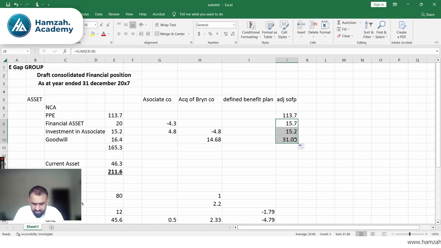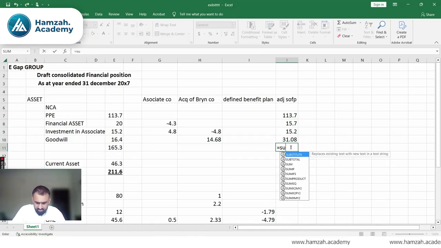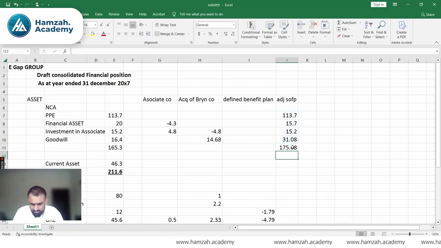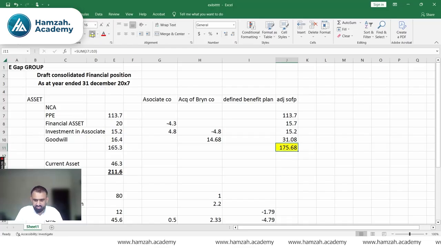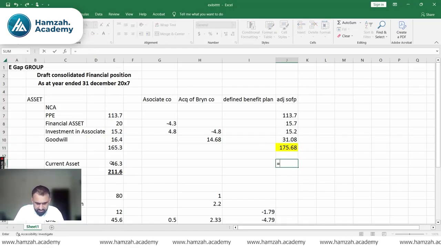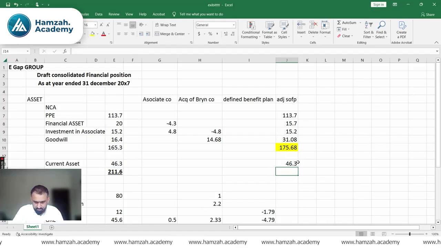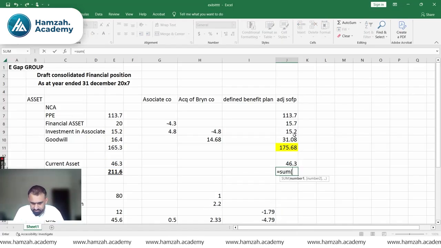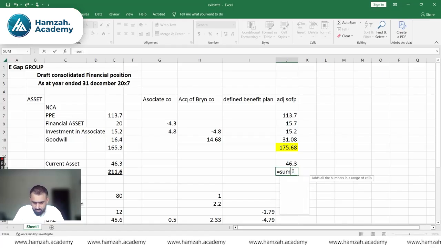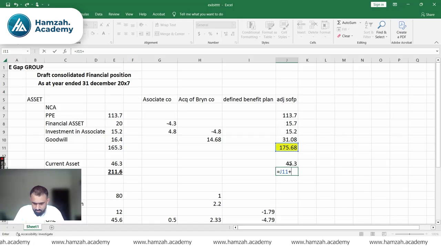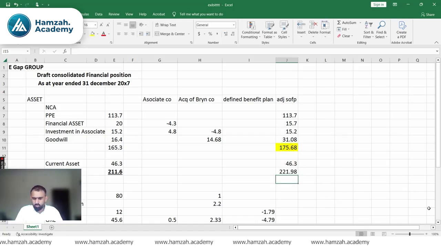Value of investment in associate, value of goodwill, and the total value of non-current asset will be 175.68. There is no change in the current assets. So the total assets will be 221.9.